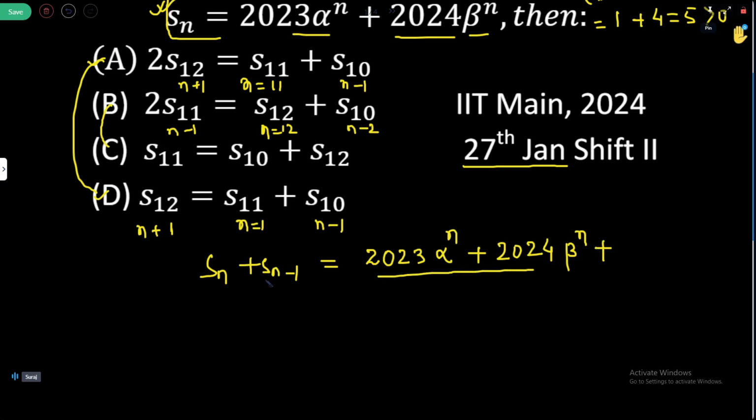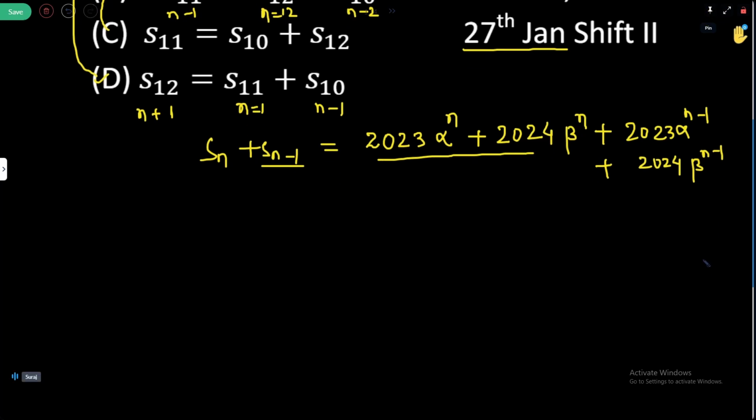Now we write the value of S of n minus 1. This will be 2023 into alpha power n minus 1 plus 2024 into beta power n minus 1. Using the given relationship, we can write this.